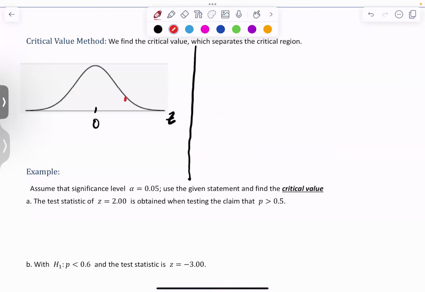And here is going to be our alpha. And here is our test statistic. And remember, for our alpha, we can find the critical value using inverse norm.